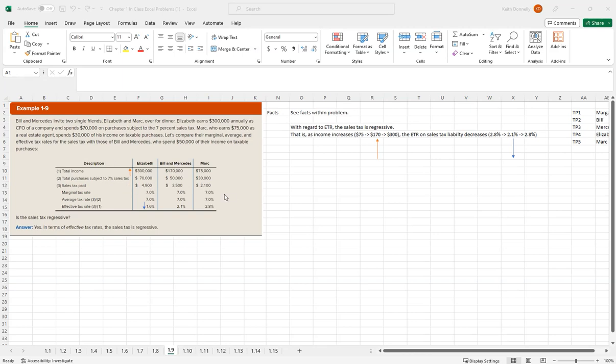And when you run the numbers on their marginal, or their average and effective tax rate, you can see the effective tax rate starts going down. So in this case, as income increases, 75, 170, 300, with regard to the effective tax rate, this column, it gets smaller and smaller. For this reason, with regard to the effective tax rate in this specific scenario, it's considered a regressive tax.